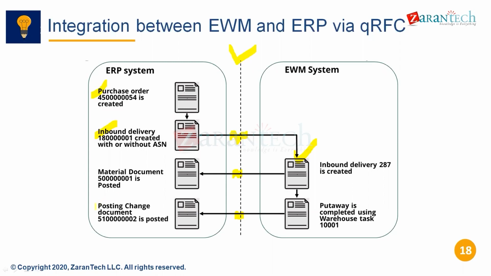If we are receiving the stock in ROD and our put away is done into the AFS storage location, a posting change document is automatically sent to ERP that the storage location has changed from ROD to AFS. So this is optional.